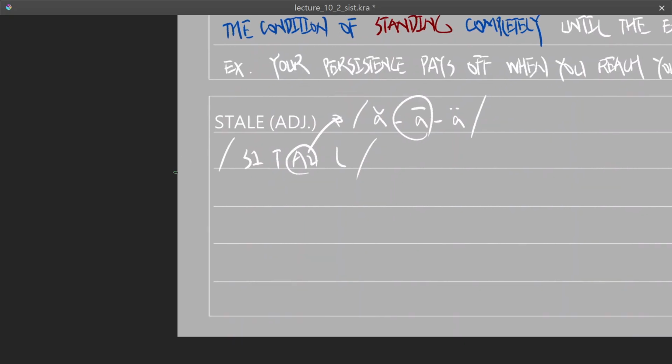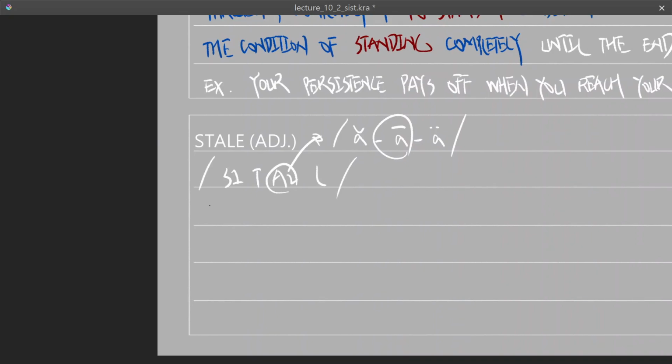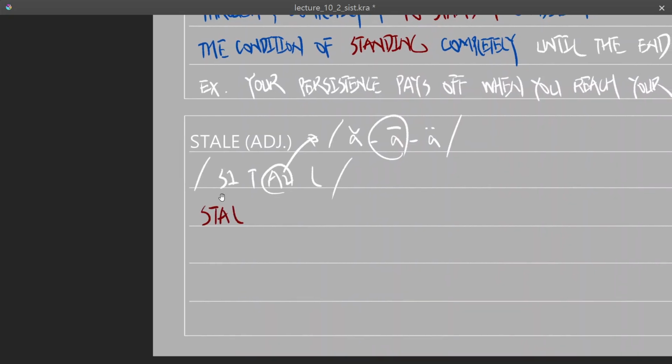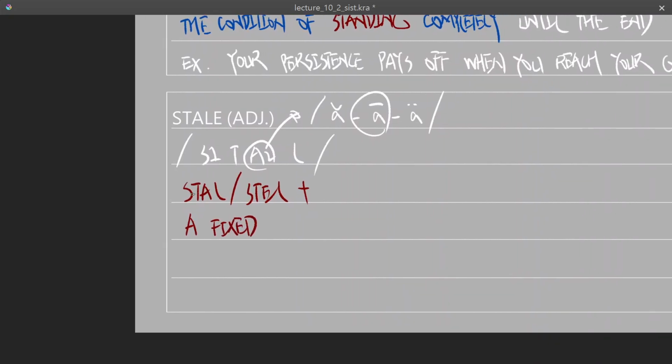All right, and we have the root stale, its variant is stale, meaning a fixed position in this case.